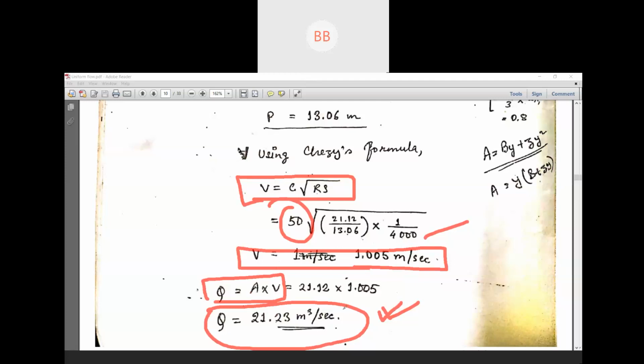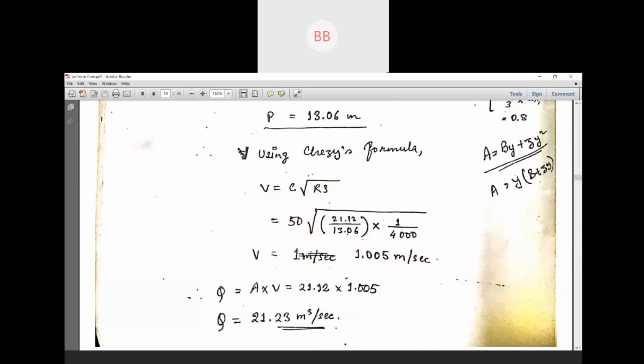How much did you get? The answer will depend upon how much velocity you got. You can take approximately 1 also, or you can also take 1.005. And the final answer you can consider to 2 decimal points.